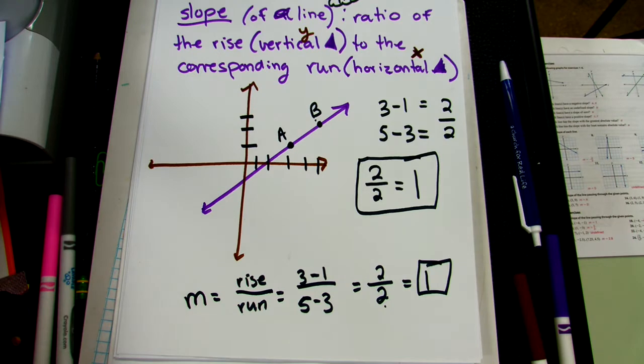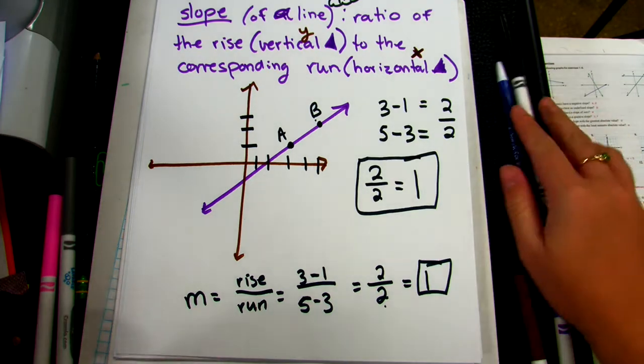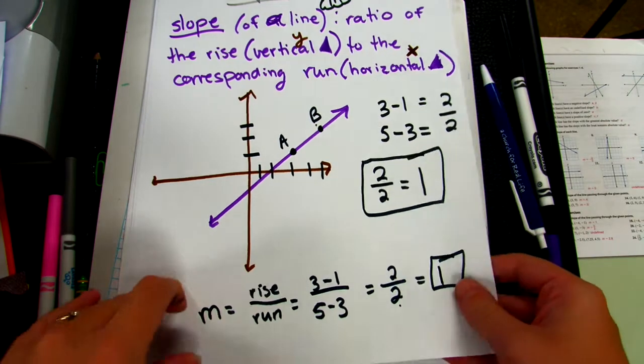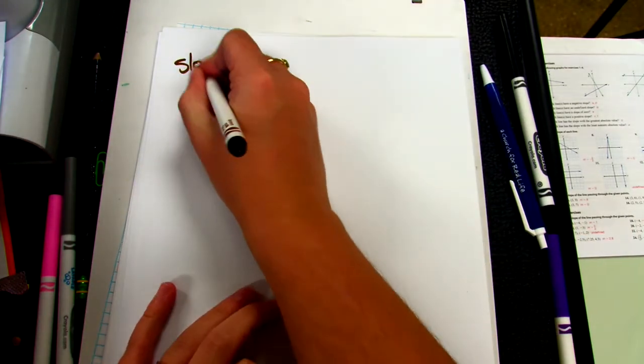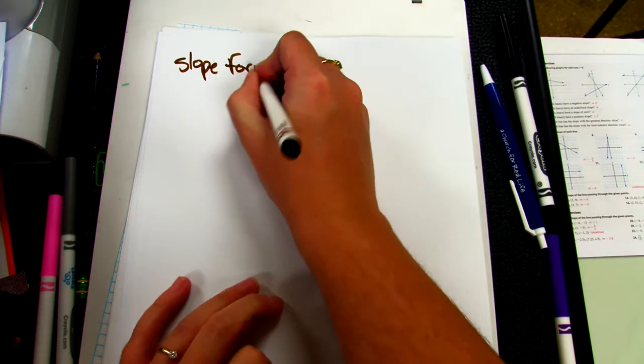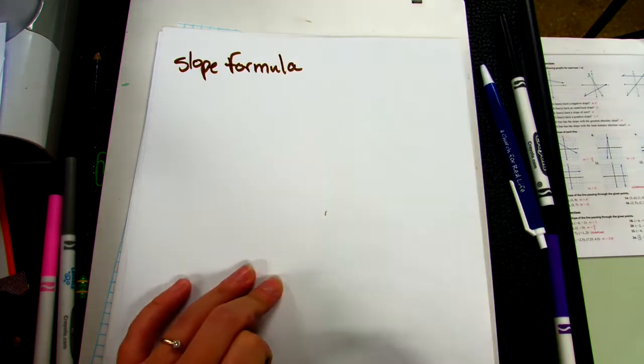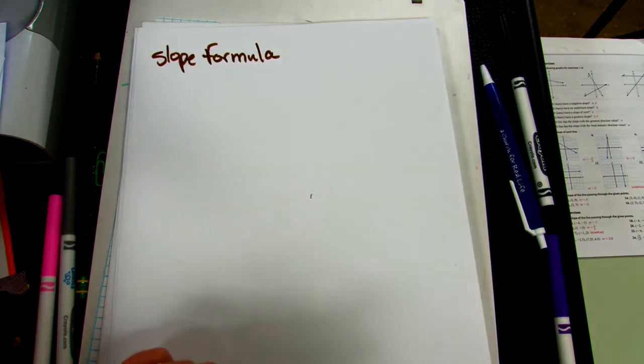After doing this over and over again, somebody said, well, let's make a formula so that we can help remember how to do this. So I'm going to talk about the slope formula. Once you know this formula, you can calculate slopes as much as you want.